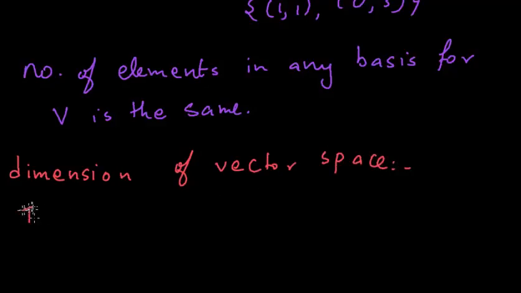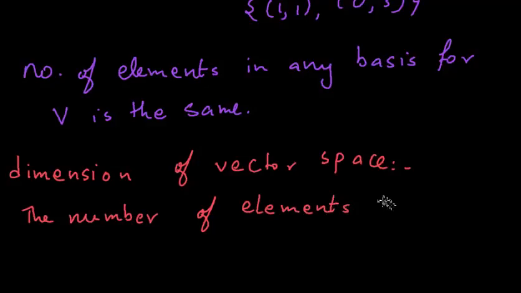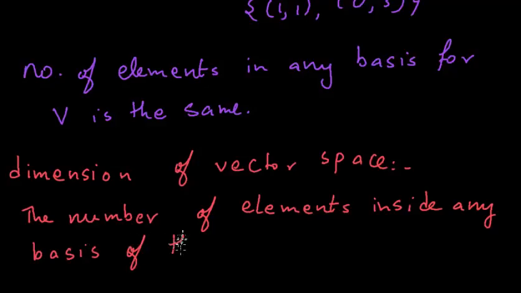It is the number of elements inside any basis of the vector space. So now we have defined the dimension of the vector space.